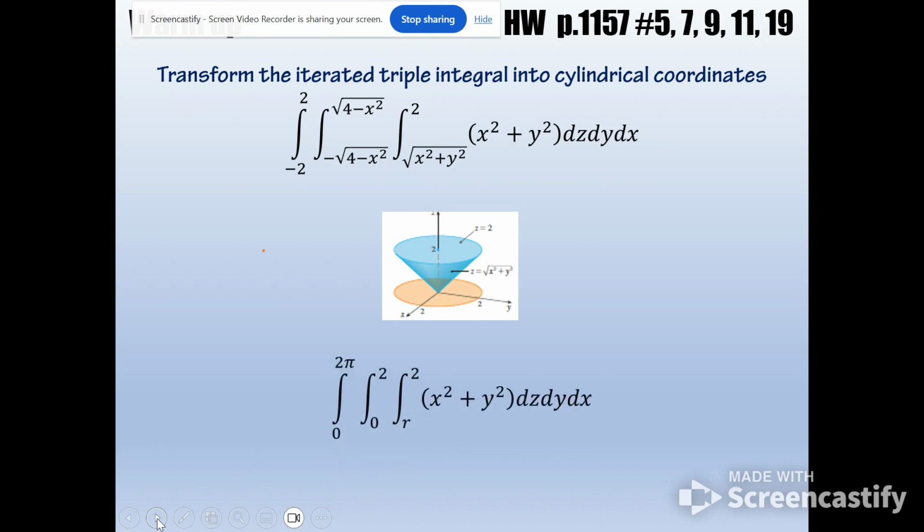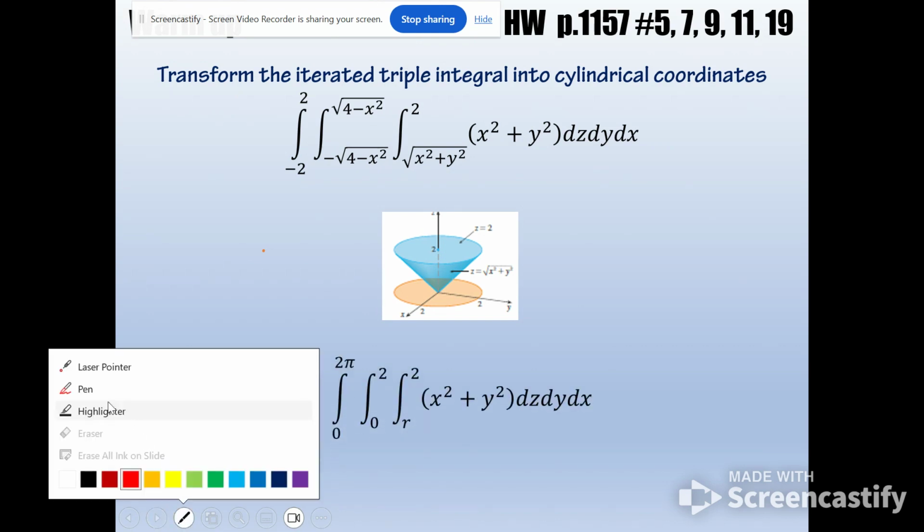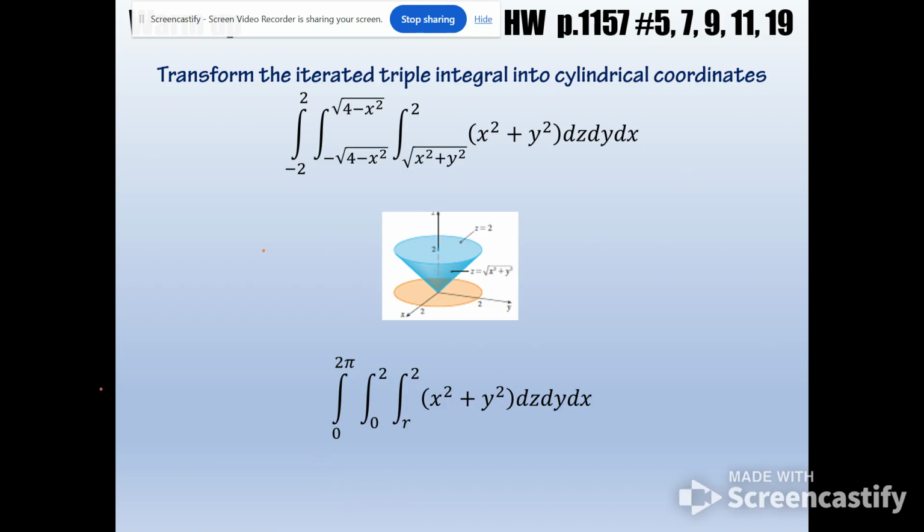but I have to then change the inside, right? So the inside is going to be, instead of x squared plus y squared, what's it going to be? Right? This is just going to be r squared. And this is going to turn into r dr d theta.